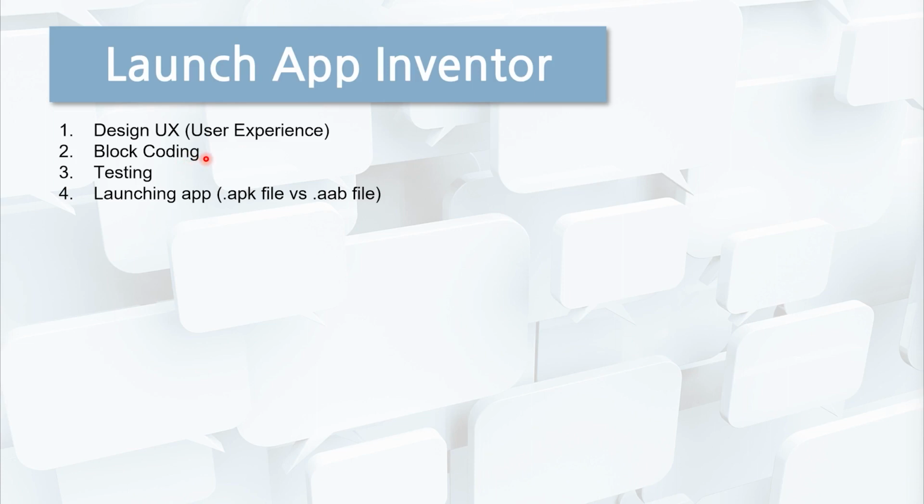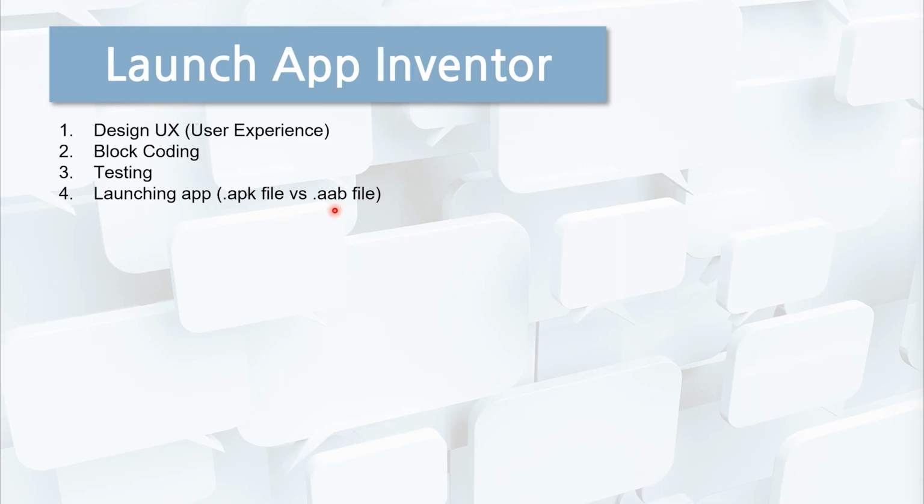Now, if we finish all those designs, UX and block coding, then we're gonna take a test, in order to see whether the result is right or not. Then when the test result is confirmed, we're gonna launch the app APK file or AAB file.